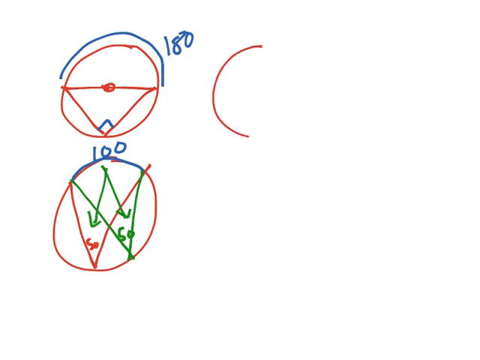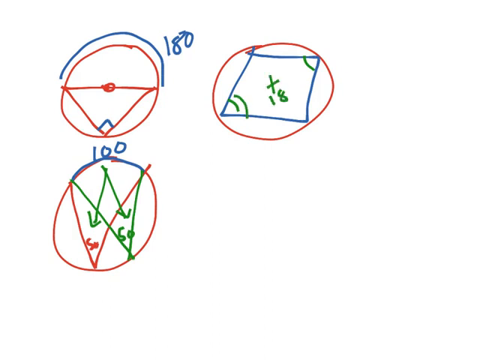And the third is that if you have a four-sided shape whose vertices touch the circle, the opposite angles are not equal, but they add to 180. So these two add to 180, these two add to 180.